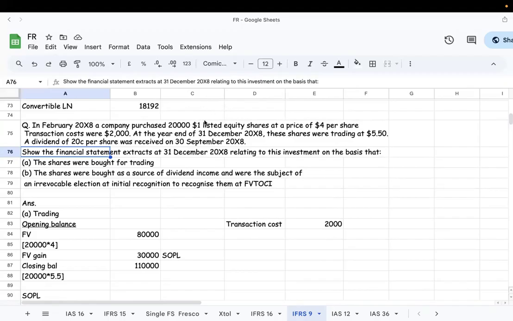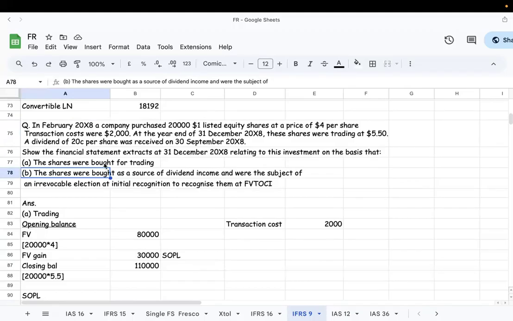We have purchased 20,000 equity shares of one each with a market price of 4 per share, and it had a transaction cost of 2,000. At the year end, December 2008, these shares were trading at 5.5, that is the fair value. A dividend of 20 cents per share was received on 30th September 2008.